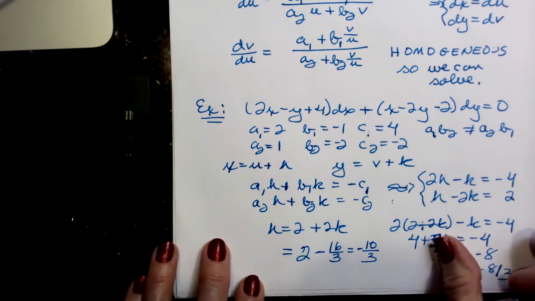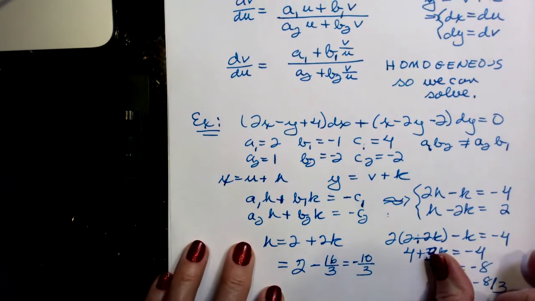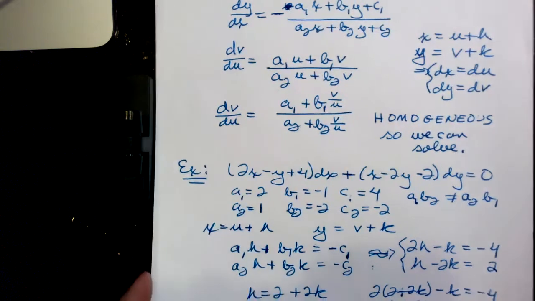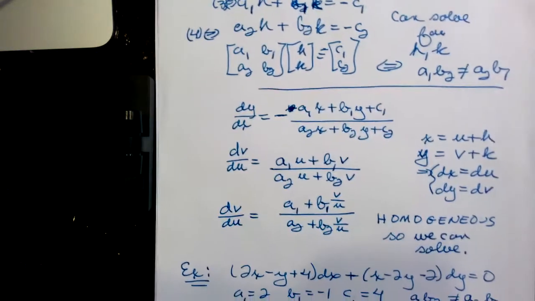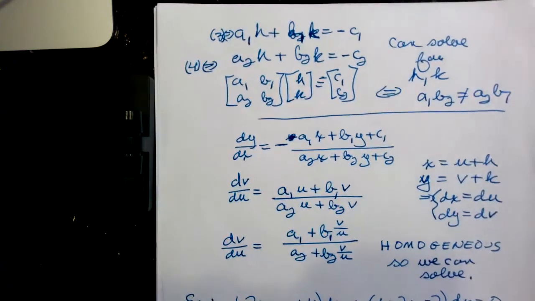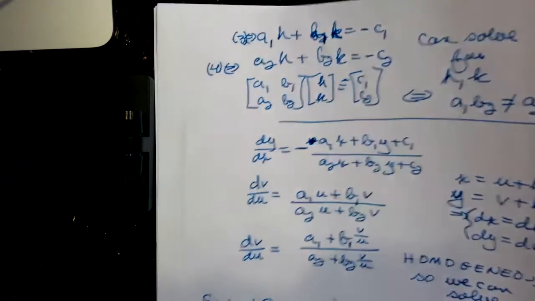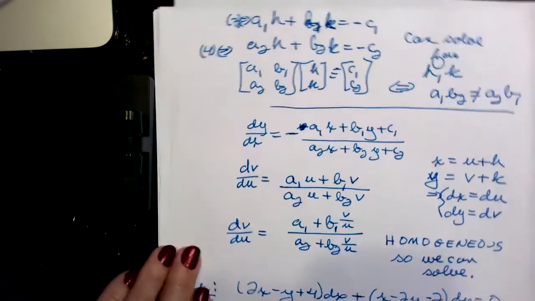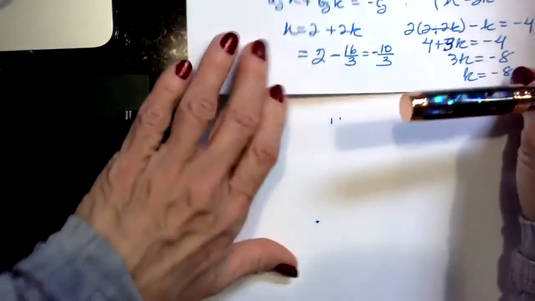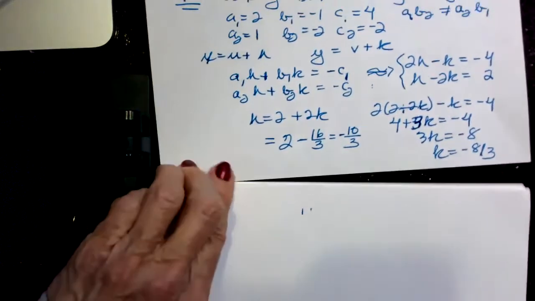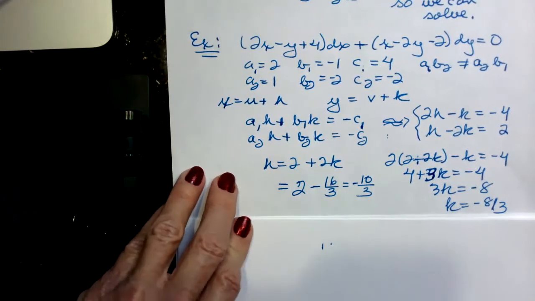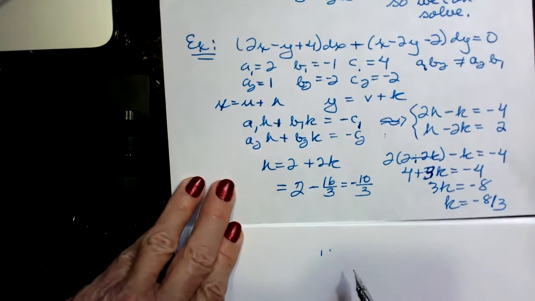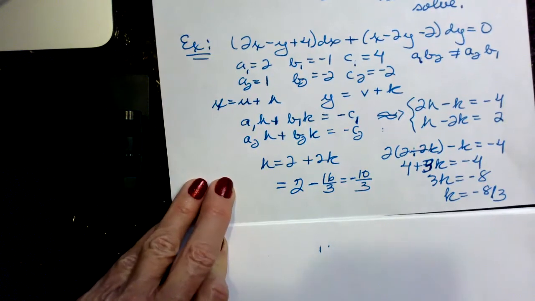Okay. So now we go back to our equation. We're going to need some more room here. Let's see, maybe like this. There's our h and our k.